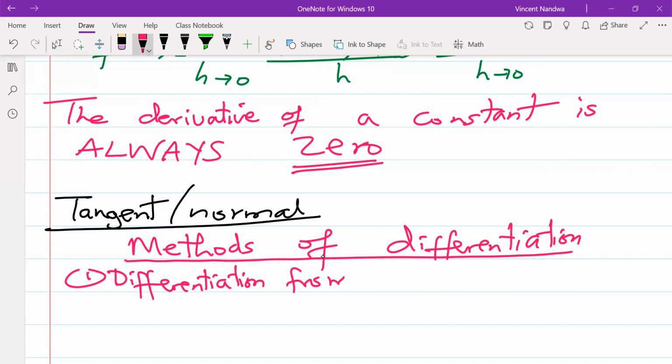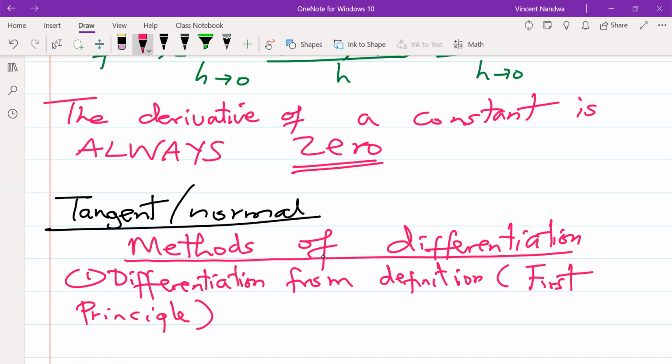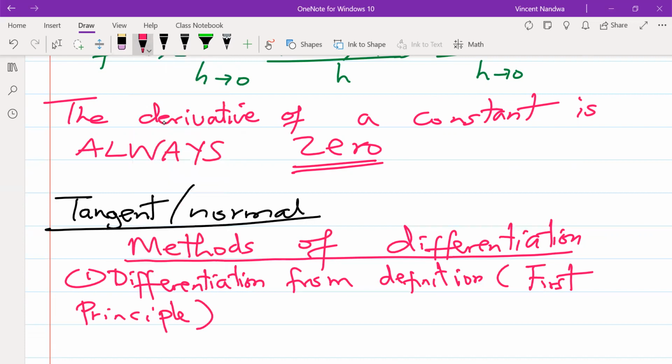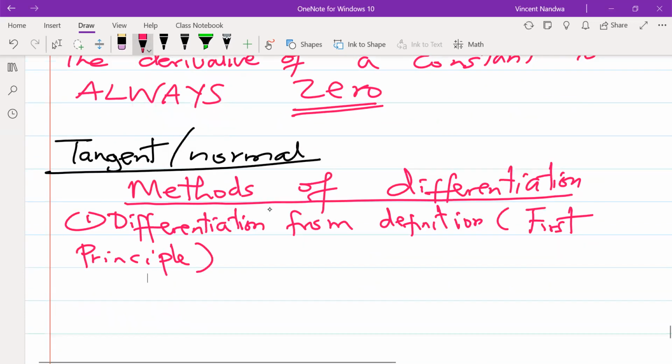So when a question says find the derivative from definition, it is the same thing as first principle, and what the question simply means is, you find the derivative using the limit definition. And then 2 is what we call the power rule.